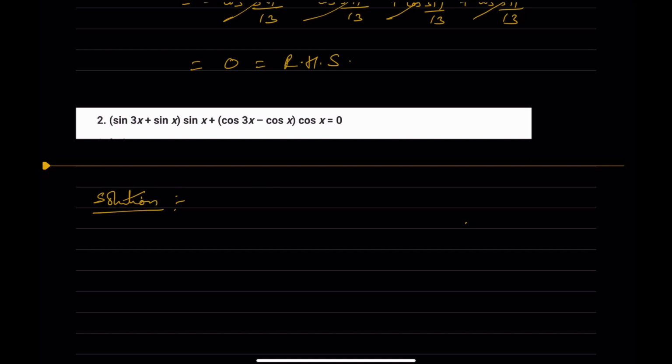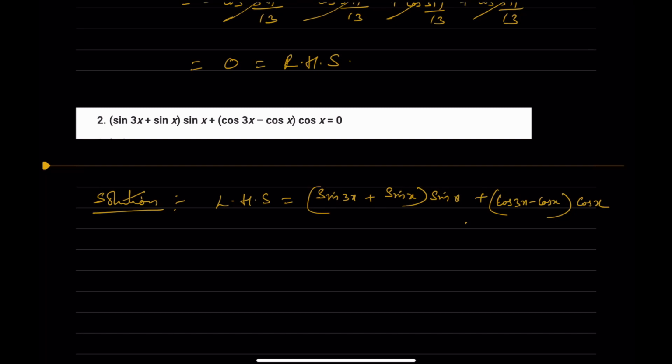LHS is equal to sin 3x plus sin x into sin x plus cos 3x minus cos x into cos x. We are having this. So now here you are using the C minus D formula.